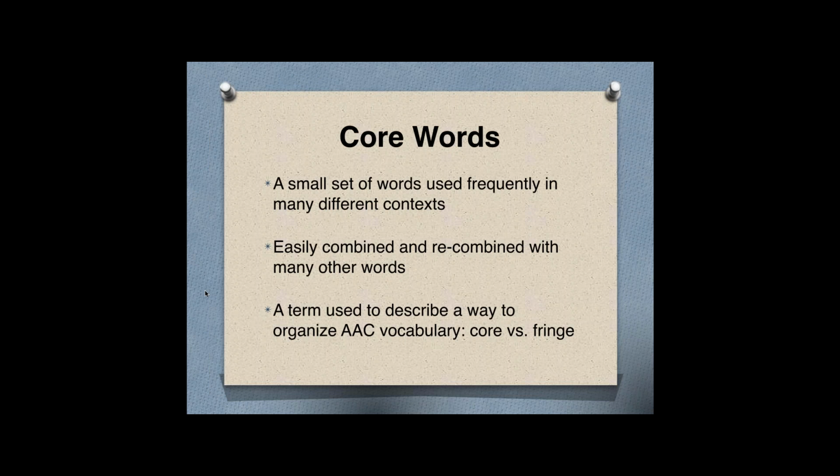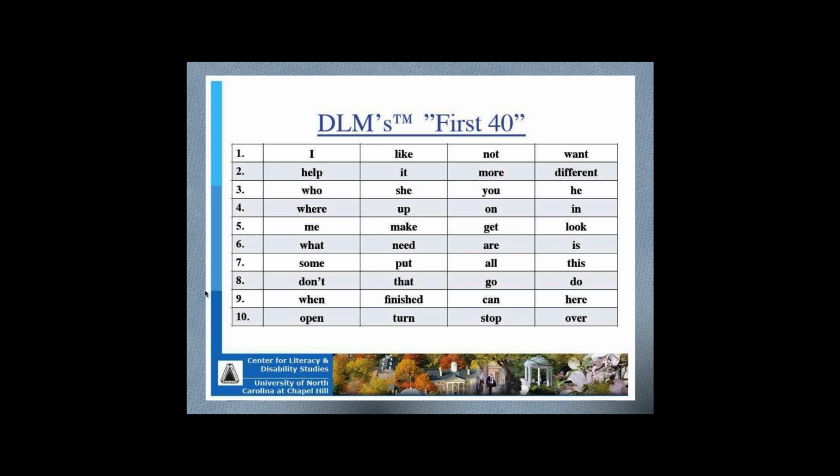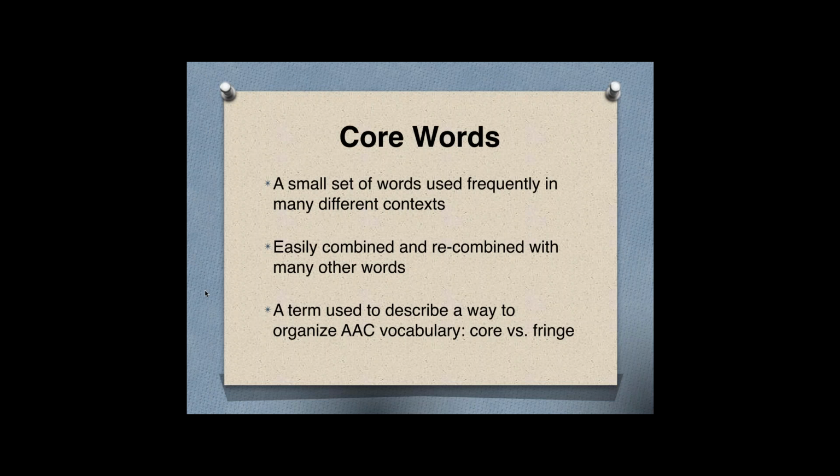And just a reminder that core words are that small set of words, so you can see back here that's those first 40. They're that small set of words that we use really frequently that make up most of what we actually say to each other, and words that we can use all across the day, whether we're at school, whether we're in the community, whether we're having a social conversation, whatever it is we're doing.